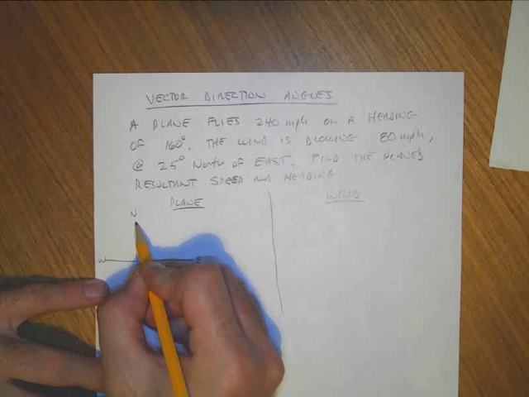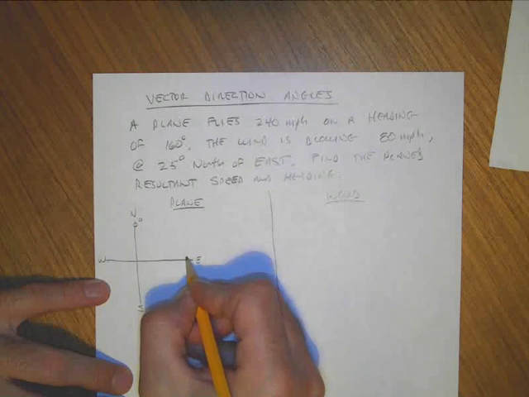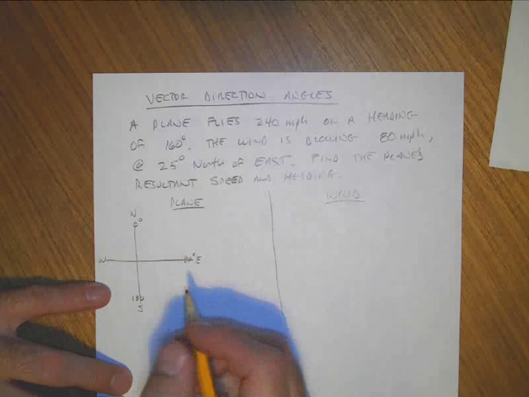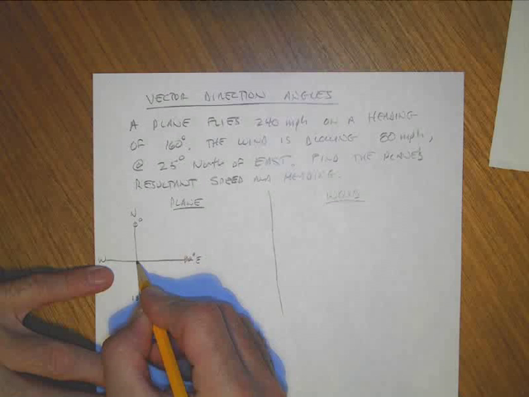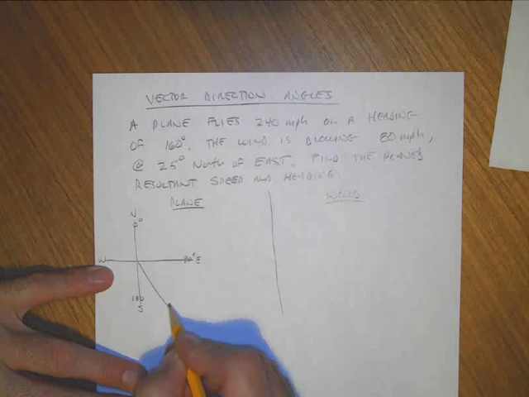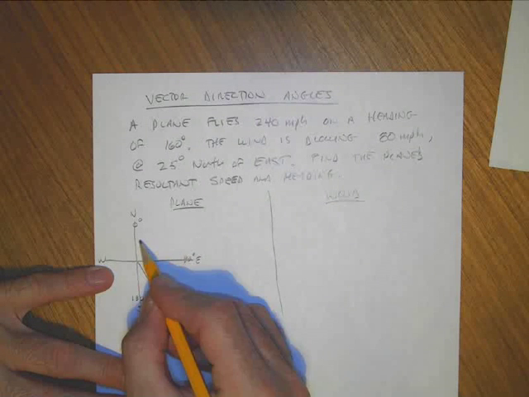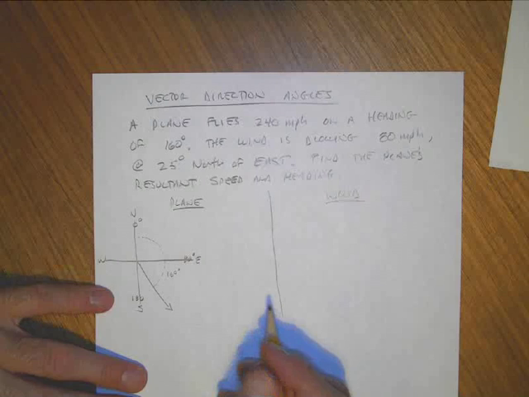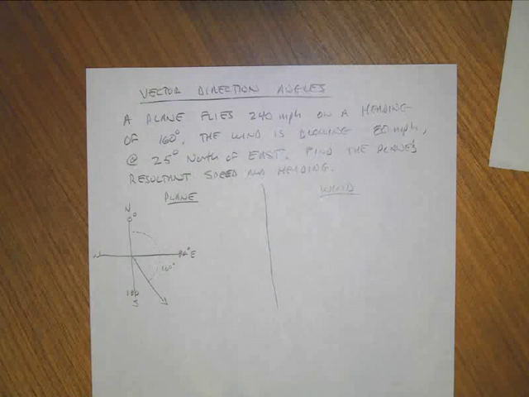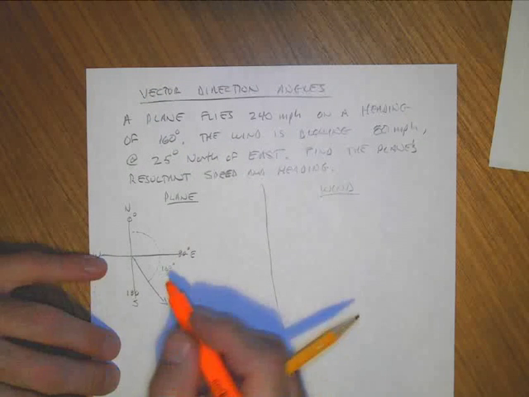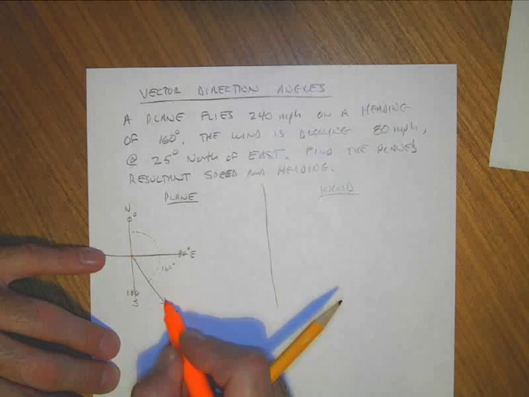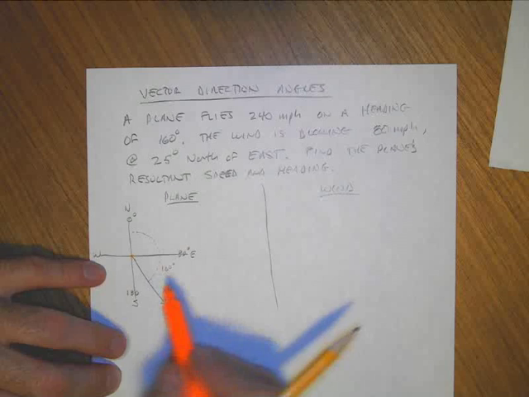All right, so 0, 90, 180, so 160 is going to be in here somewhere. So 160 degrees. Now, I would propose that in order to find the tail to the tip, we need to know the components.